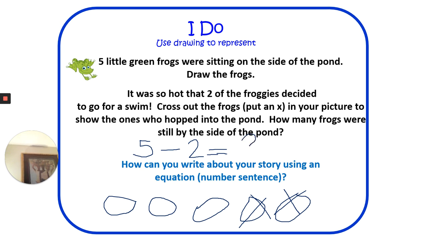This is my equation. Say it with me. 5 take away 2 equals 3. That is my equation for 5 little green frogs sitting on the side of the pond. 2 went for a swim, and I had 3 left.